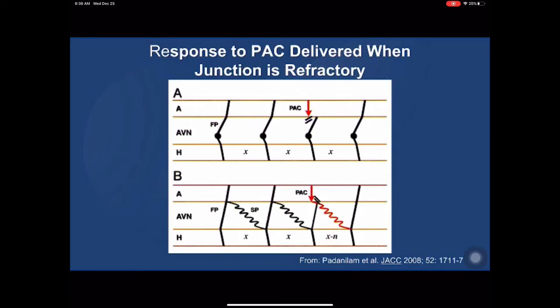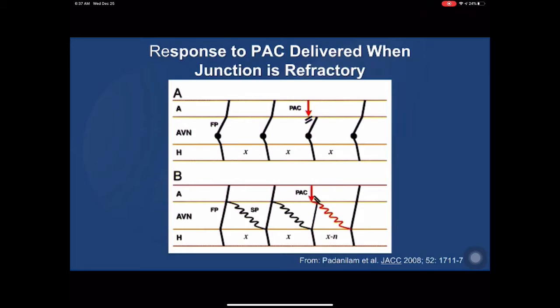So the fact you brought it in rules out a junctional tachycardia. If you have a PAC occurring here, you could get into the slow pathway sooner, and by doing so, bring in the next beat. And that's exactly what this is. So this is an example of a PAC during tachycardia at a time the His is refractory that brings in the next His, and it means that you are dealing with AV node reentry.